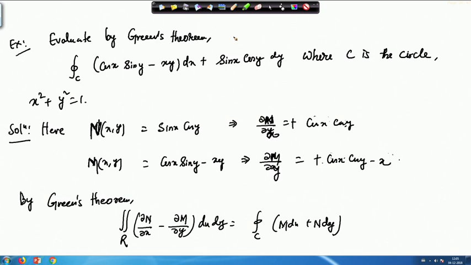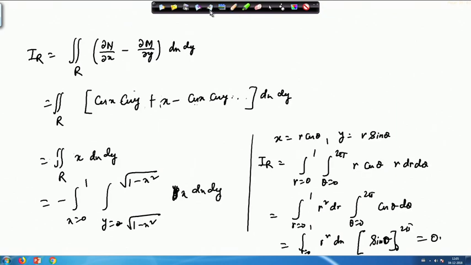So, we substitute the whole thing in this expression on the left hand side, and then we do some calculations, and either we can proceed in this way, or we can proceed in this way. It is up to us, and we just substitute x equals r cos theta, y equals r sin theta, and the ultimate answer is 0.